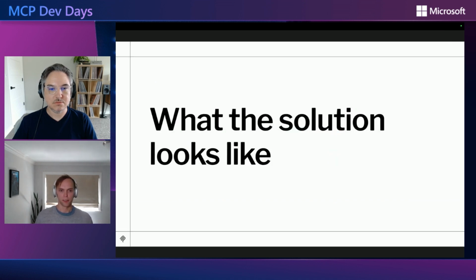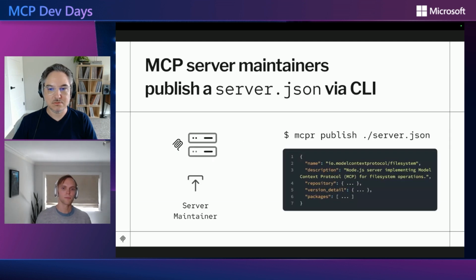What does the solution actually look like? What are we building here with this open source group? The starting point on the publisher side of how we get information into the registry is that we're defining this JSON shape that we're calling server.json. This JSON shape is going to include some obvious metadata like name and description.